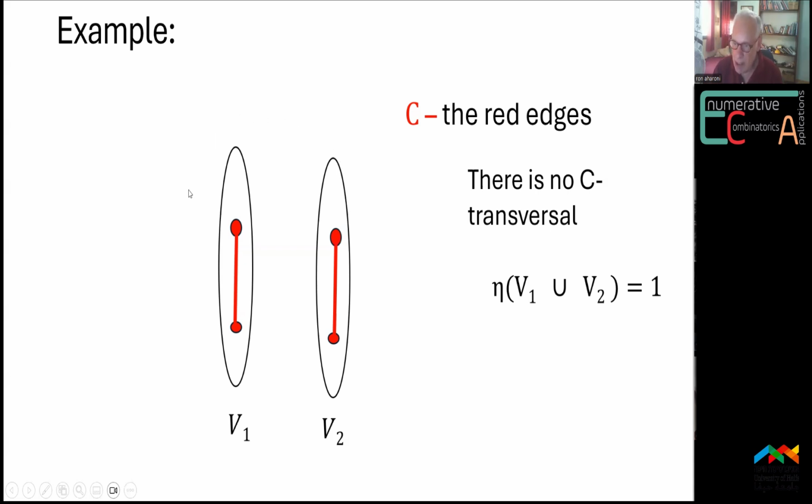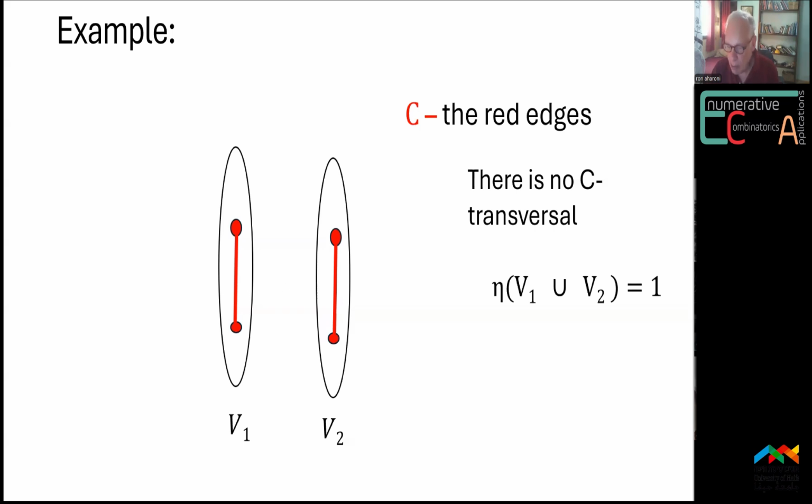Indeed, look at these two guys here. I'm claiming that the Hall condition does not hold. Indeed, the eta of the union here, the union is disconnected. You see, there is no way to get from here to here. So eta is 1, which is less than 2. You want them to be 2 for two sets, as in Hall's theorem.